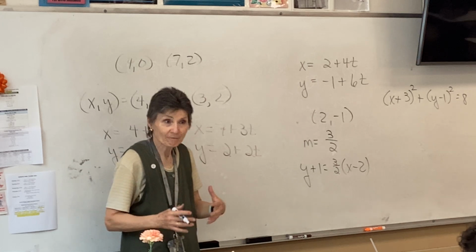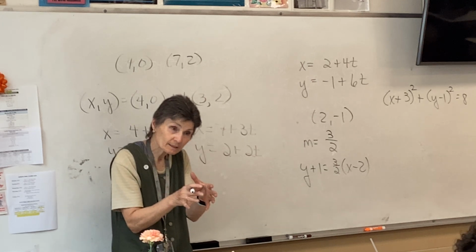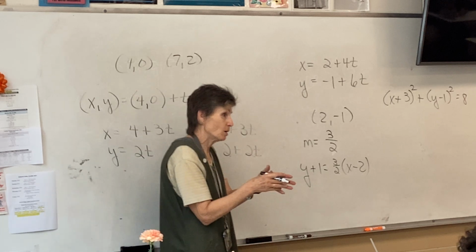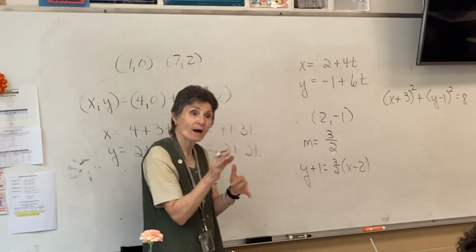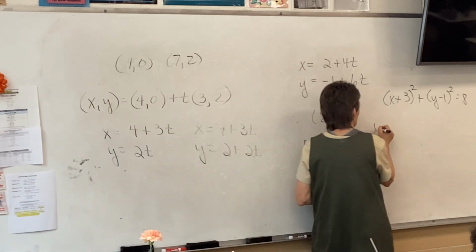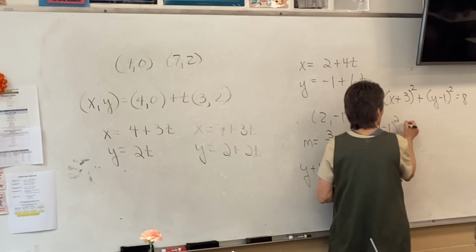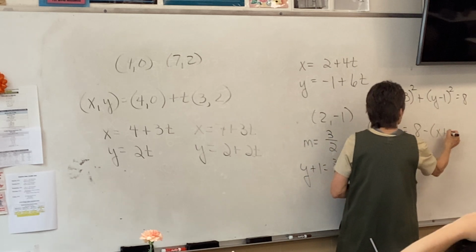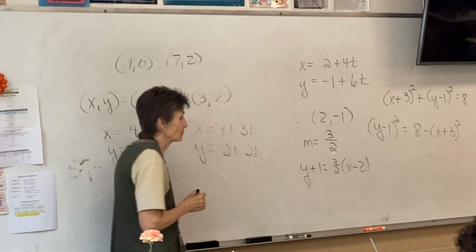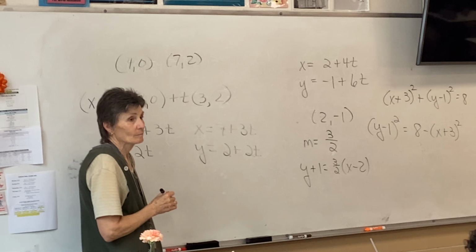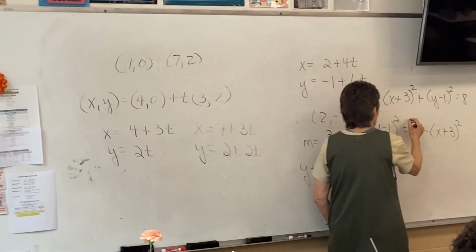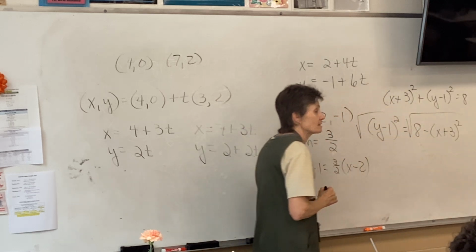It won't graph right now because when you put an equation into your calculator to graph, if you're in function mode, doesn't it have to be y equals? So we're going to make this y equals. So let's start by subtracting x plus 3 squared. And then, let's take the square root of both sides.